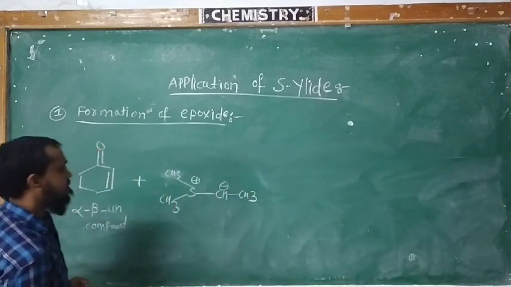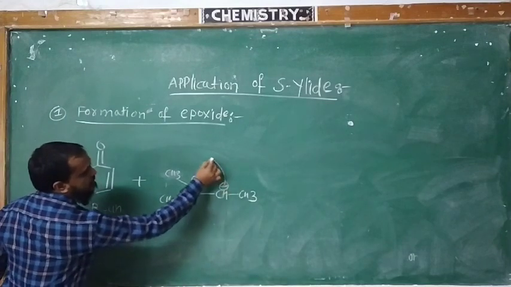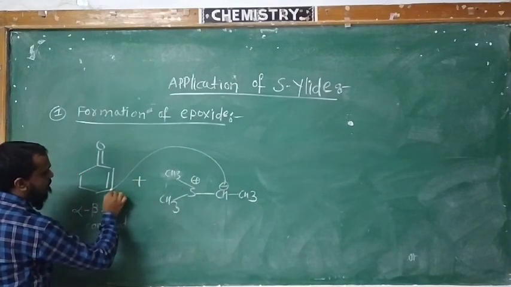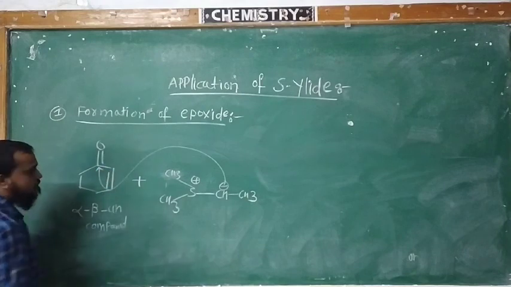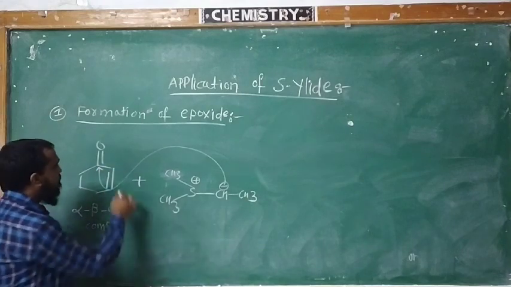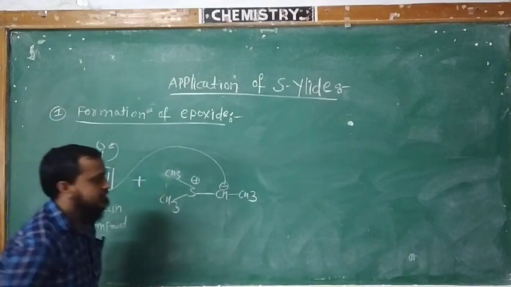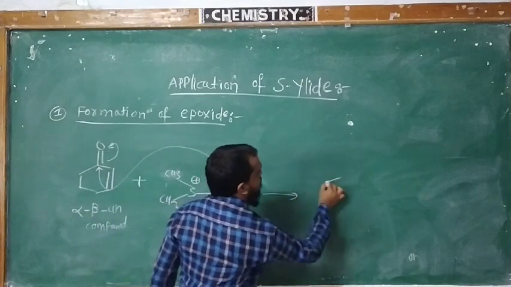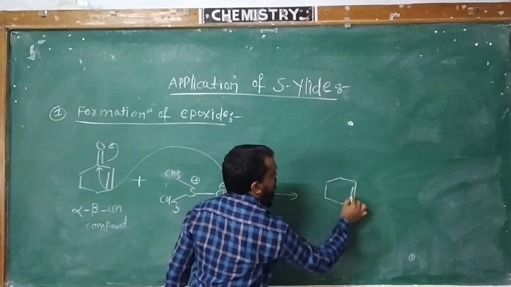Now see here, in the first step, the negative charge of the carbon attacks the carbonyl compound to form a betaine intermediate.